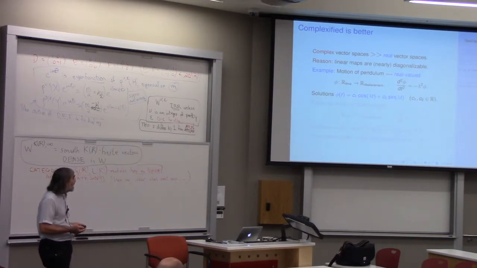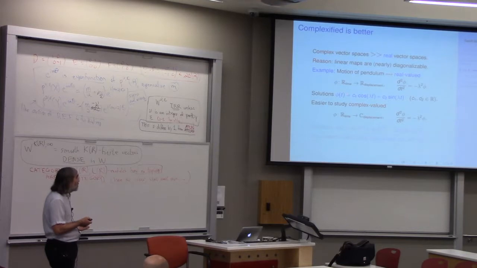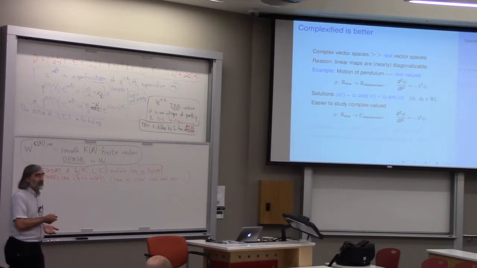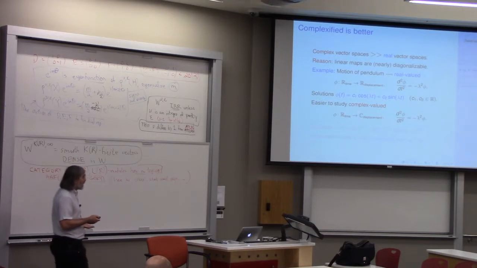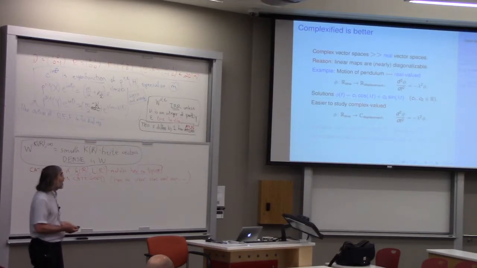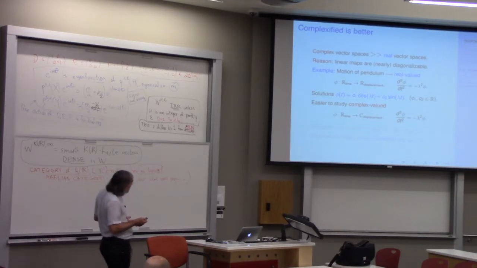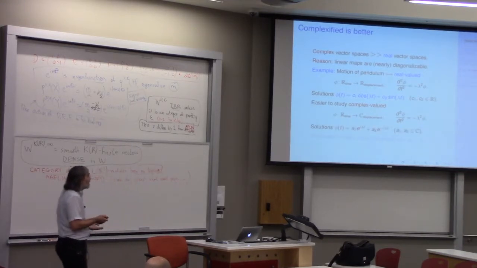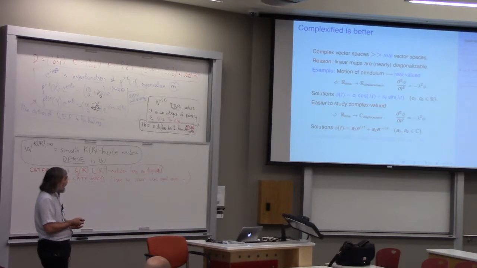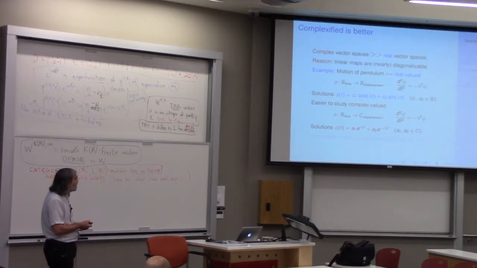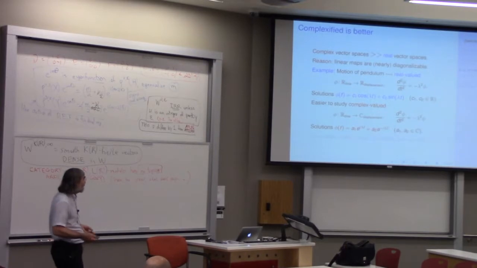But what I want to say is that it's easier not to study these real valued functions, but to study complex valued functions. Same differential equation, but allow complex valued functions. And then it's easier to solve the differential equation, and the solutions are given by complex exponentials, e to the i plus or minus lambda t, like that.